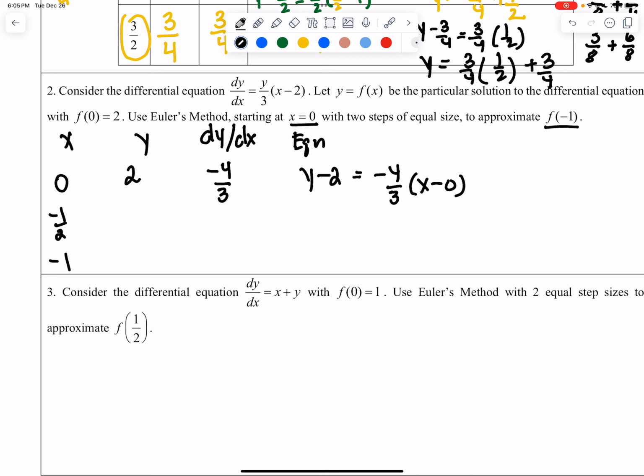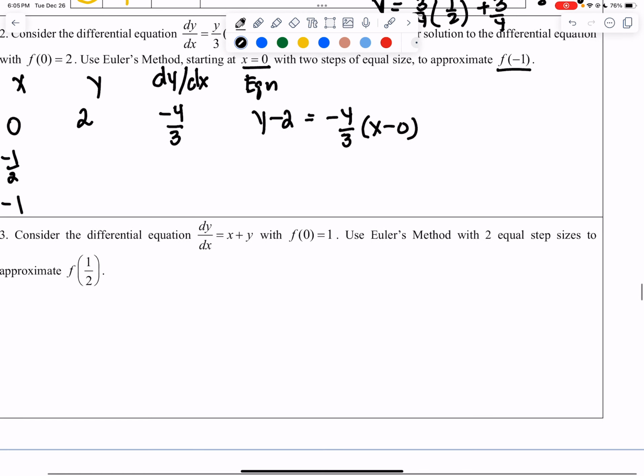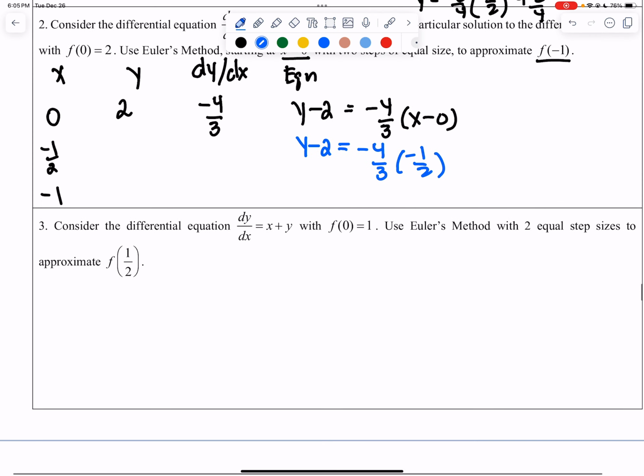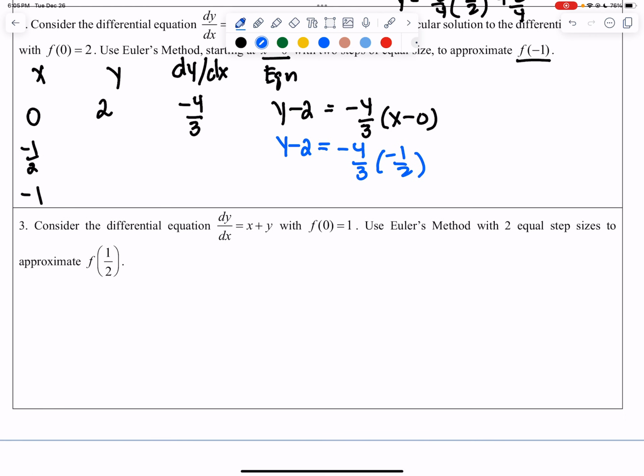What I'm going to do now is plug in -1/2 into my equation. And then I'm going to have to simplify this because I need to figure out what y is. So here I'm going to have y minus 2 is equal to 4/6. And then I'm going to simplify that to be 2/3.